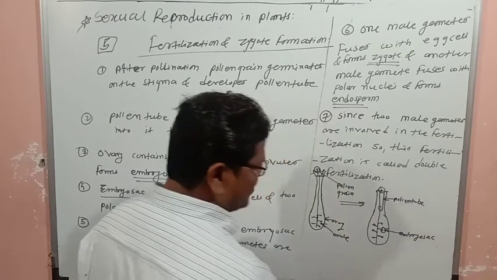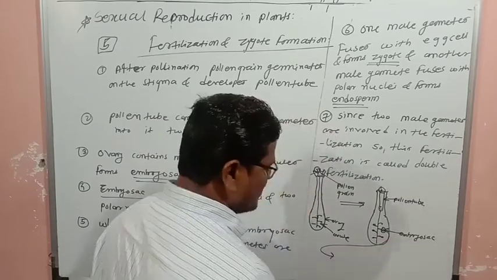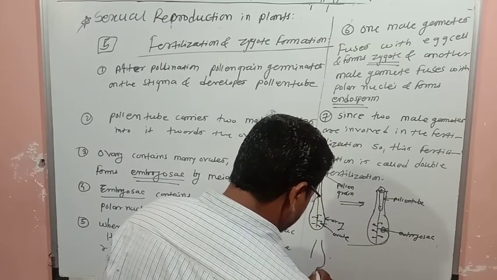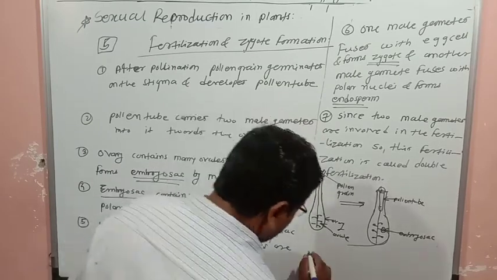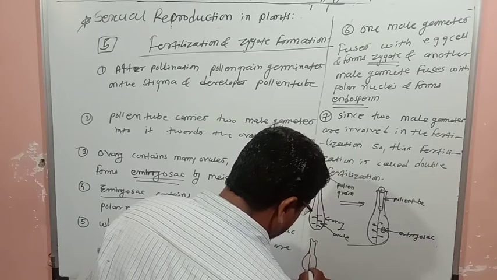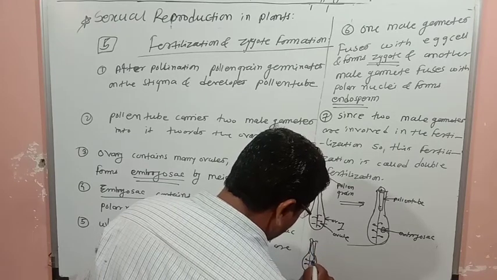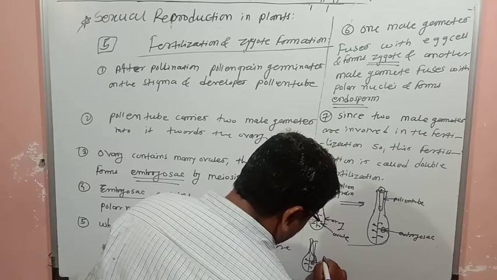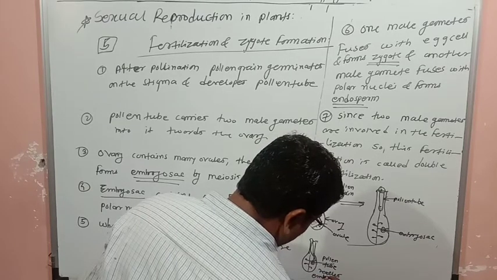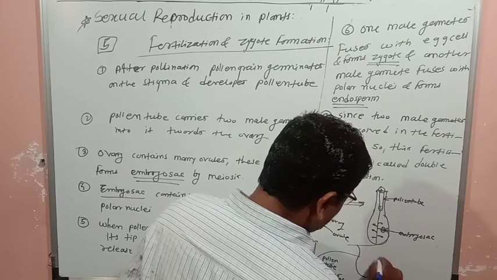It will develop here, the embryo sac. In the next step, the pollen tube will reach the embryo sac.